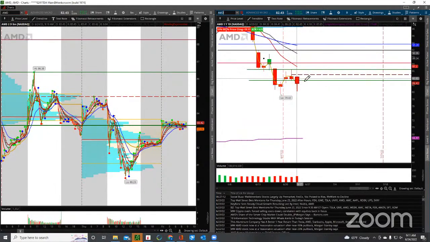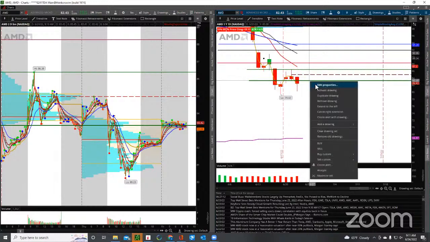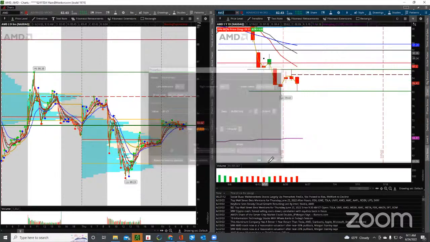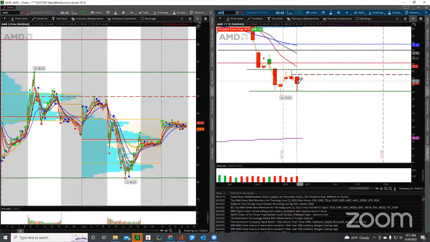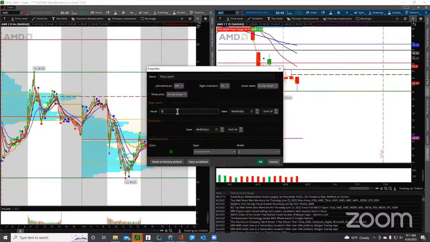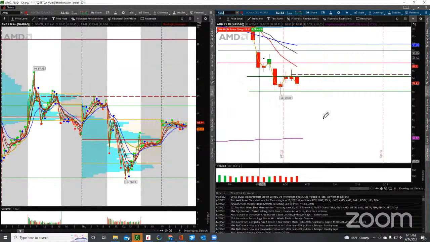The low yesterday, 80.23. Okay, high from yesterday, 84.41. We'll adjust these.